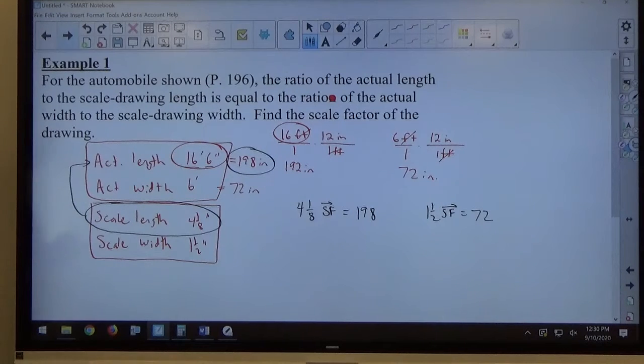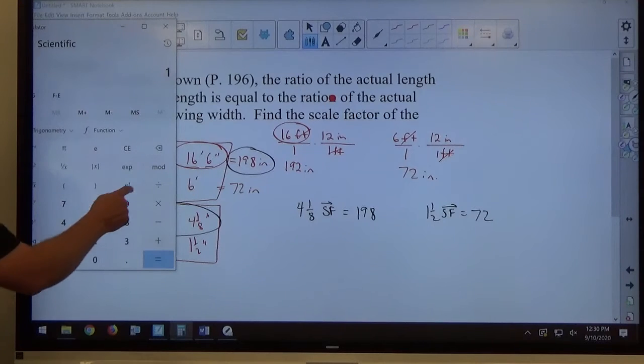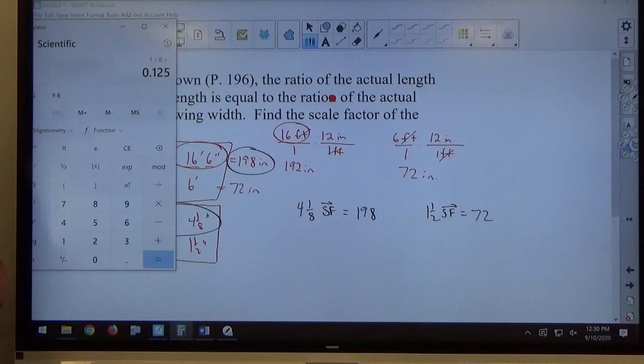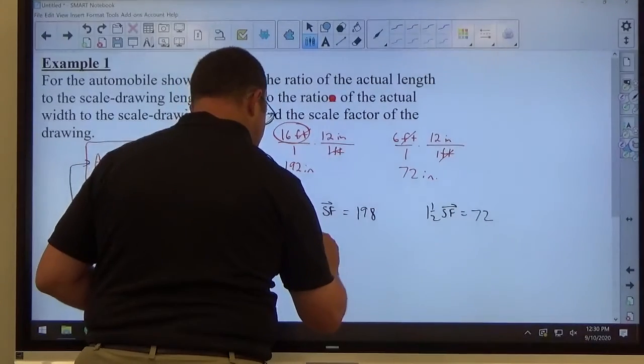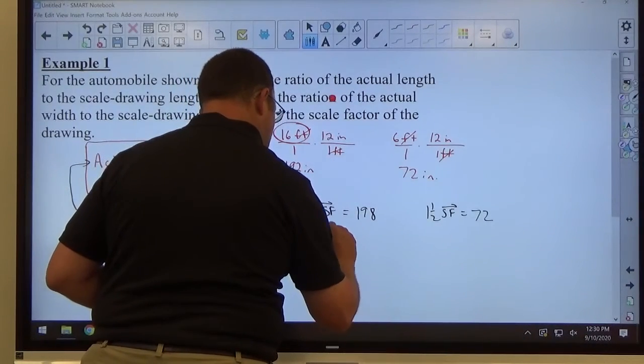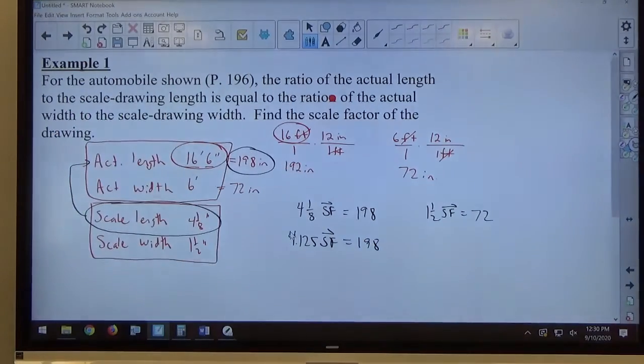Now, again, I'm allowing you to use calculators at this point. Probably the easiest way to do this would be getting decimals. So if I made 4 1/8, if I just do 1 divided by 8 equals, that's 0.125. So 4 1/8 is 4.125 times the scale factor equals 198. And this is just basic algebra at this point.